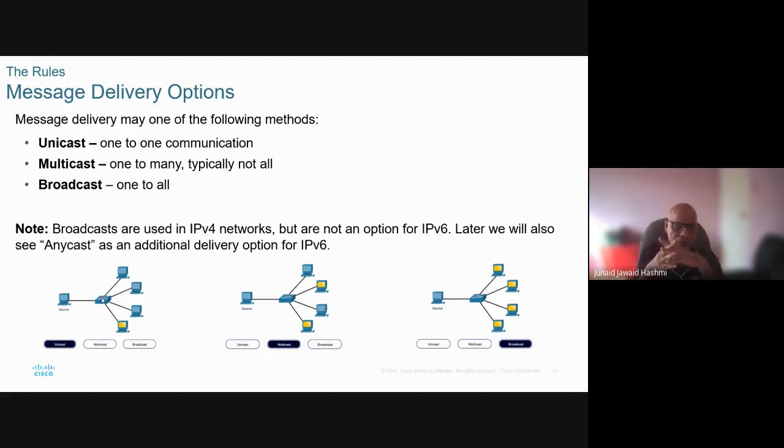So as a user, it is actually the protocol or application that decides if the communication is multicast, unicast, or broadcast. Some protocols use broadcast.